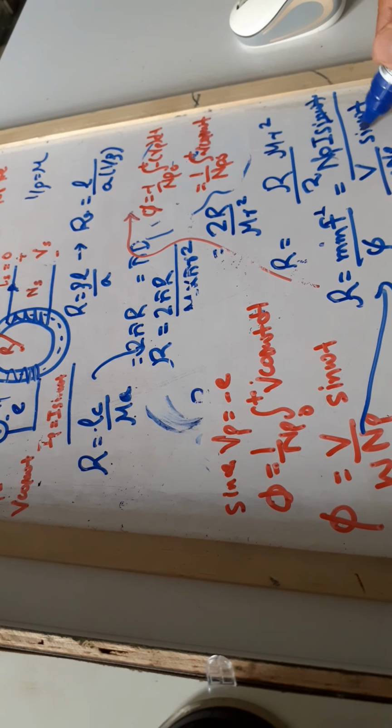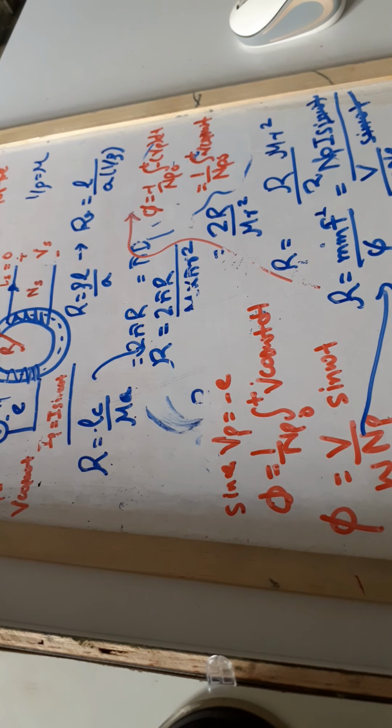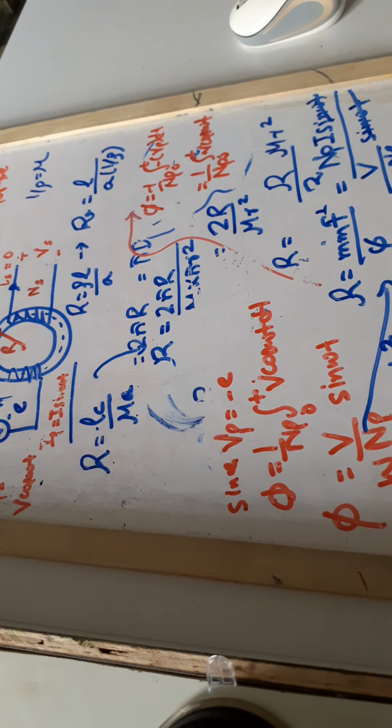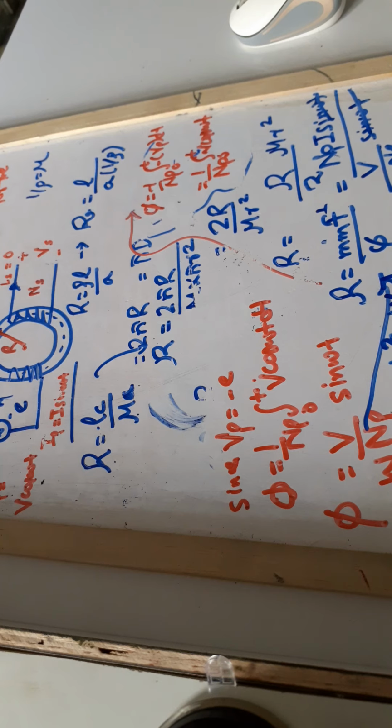So this sin omega t will get cancelled, and Np goes on top, so it becomes Np square. So my reluctance is equal to Np square omega I divided by V. This is essentially my reluctance value.